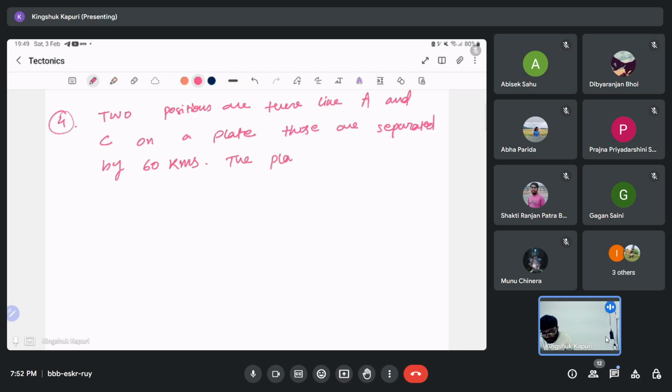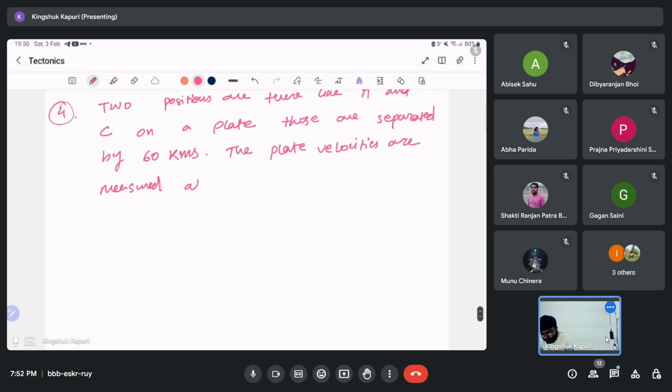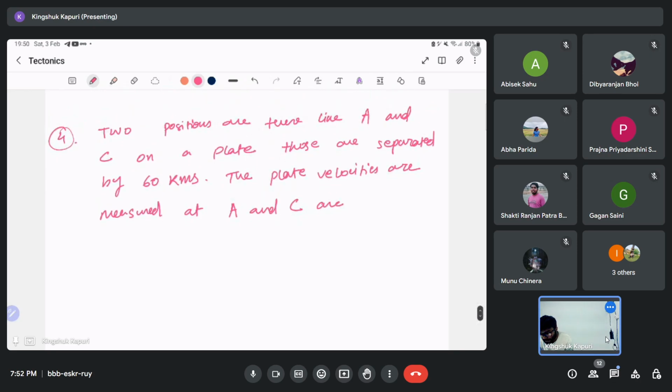The plate velocities measured at A and C are, let's say, 4 centimeter per year and 5 centimeter per year respectively.